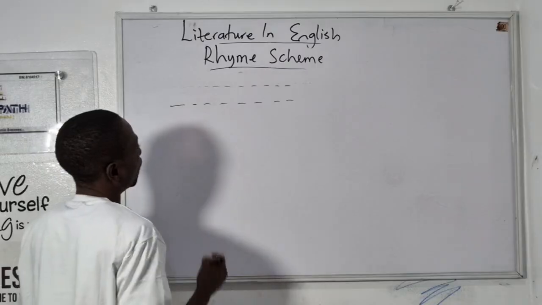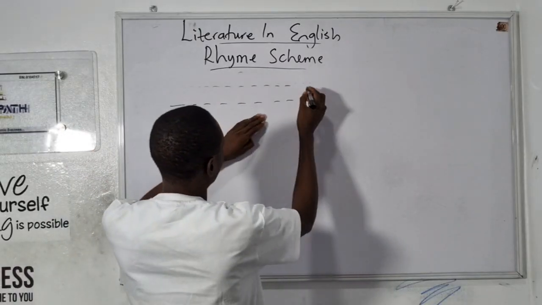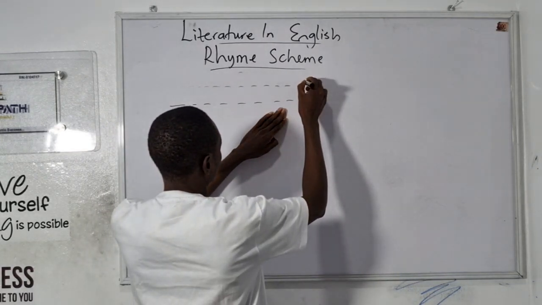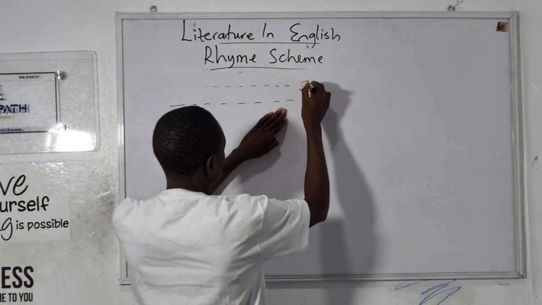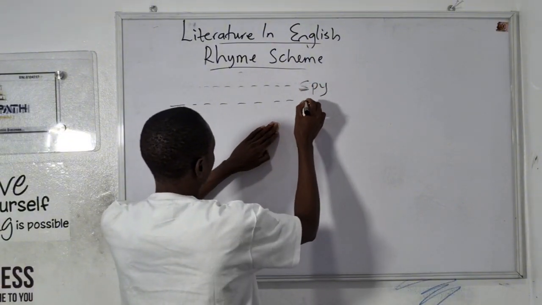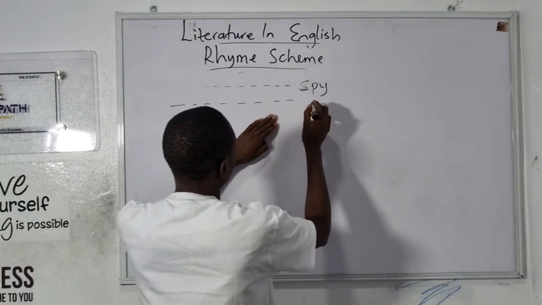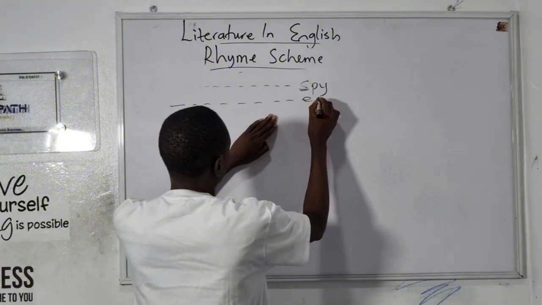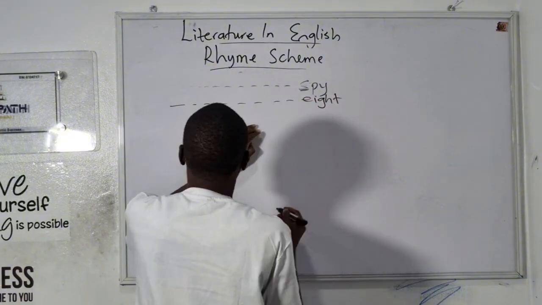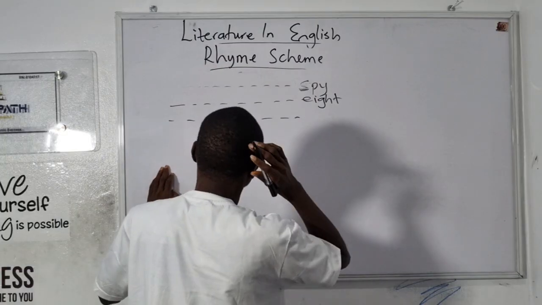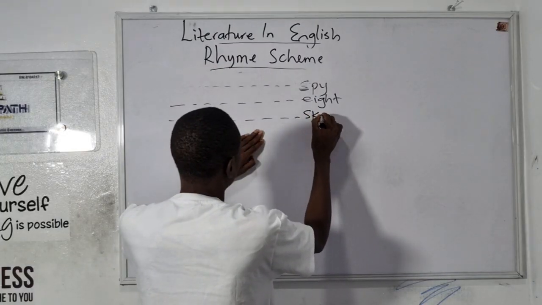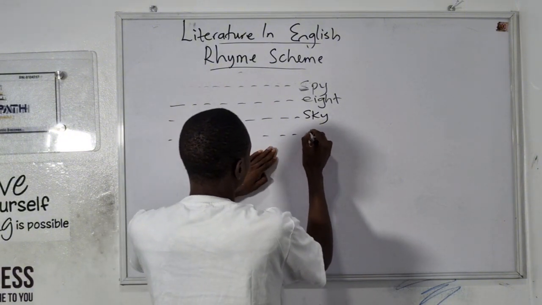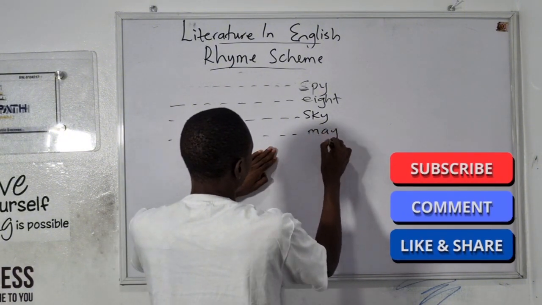Let me give you further example. I'll assume that this is a poem. This is a line of a poem. We are only concerned with the end of the line. Let's say, spy. This second line, we say, ways. In the third line, we have sky. In the fourth line, we have may.